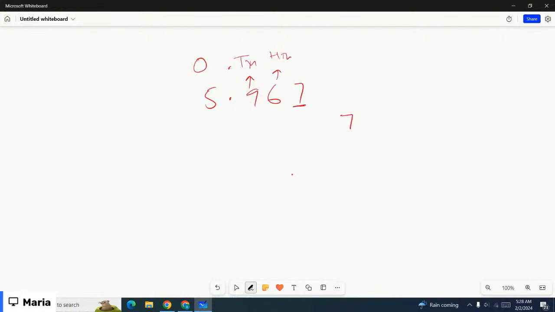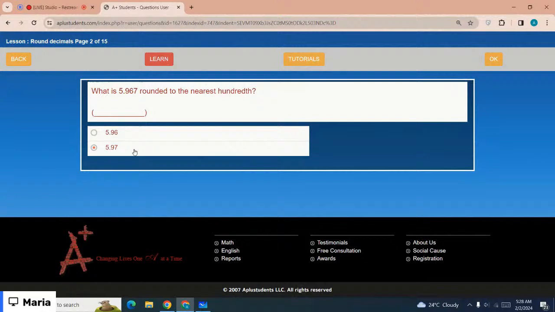You need to compare this digit to 5. 7 is greater than 5, so you need to round up. Round up means you add 1 to the hundredth digit. It would be rounded off to 5.97.